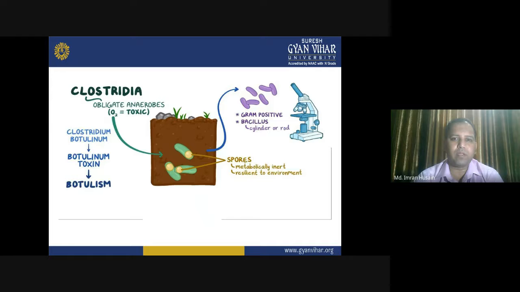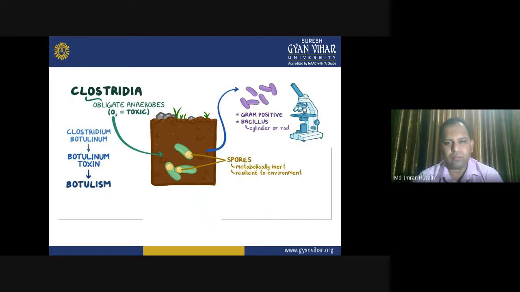Okay, and for a very long duration of time they can survive in the external environment until the environment becomes supportive to the bacteria. As soon as the environment becomes supportive, it immediately breaks the spores and gets released in the environment.